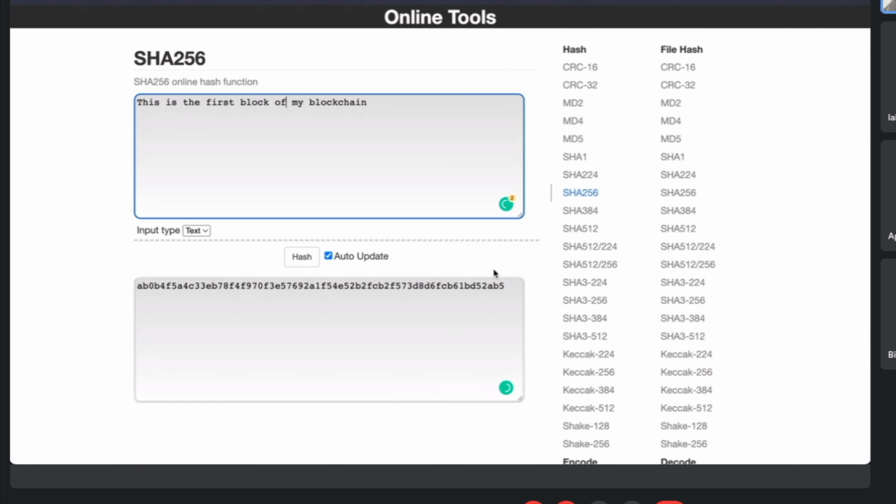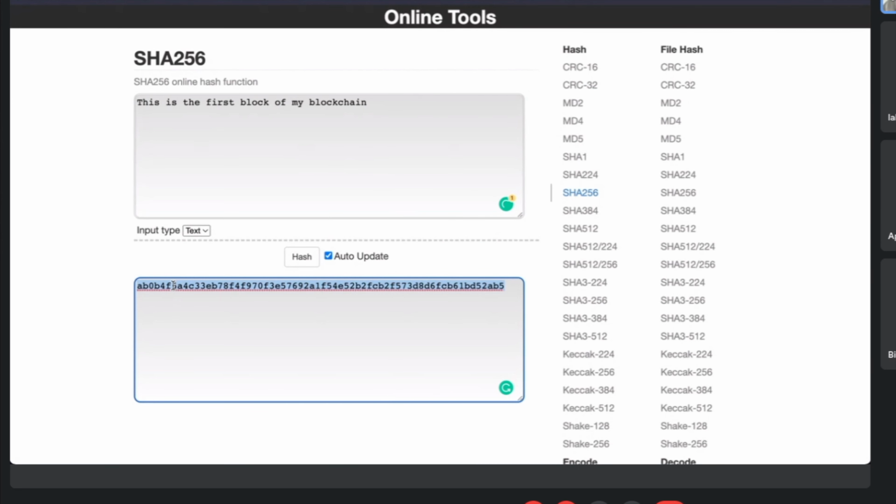You can see that the ending was 2AB5 and with double F it is DA38, or changing lower O to bigger O, it's as well changing the whole hash. So it's super important that any little change in the input data is creating a completely different hash at the output.